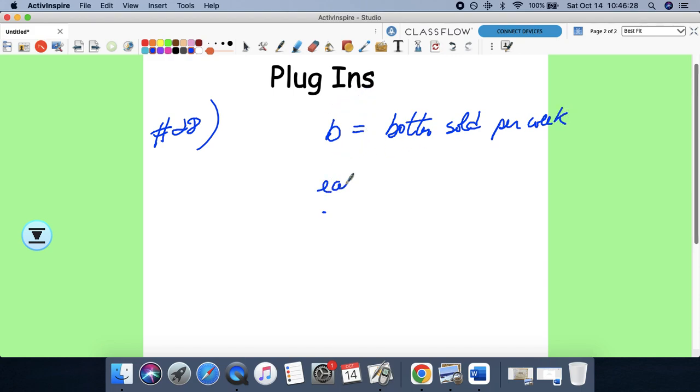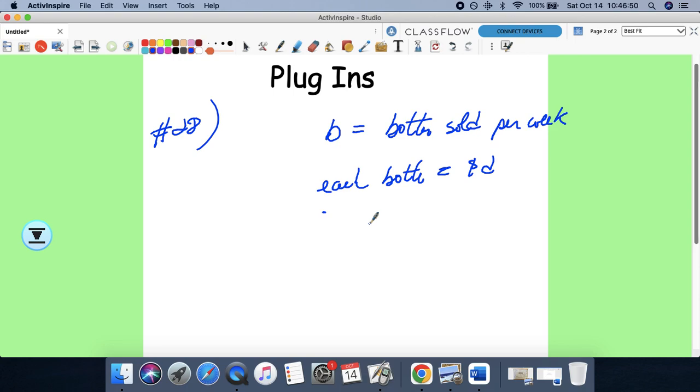Each bottle is $D. Right? What is the average number of dollars the store earns per day for selling bottles of water?